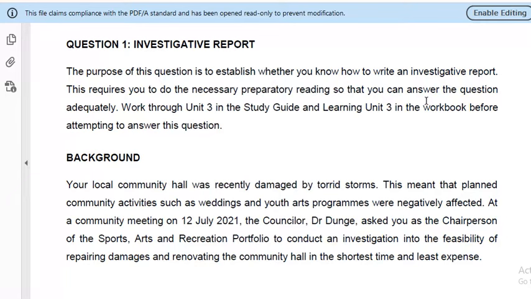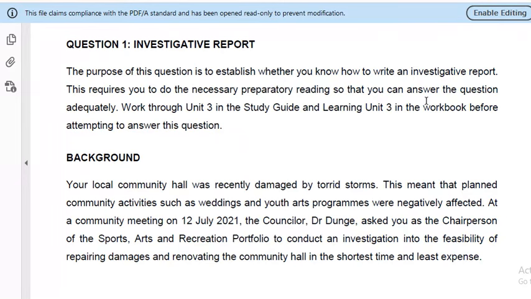Background. Your local community hall was recently damaged by torrential storms. This meant that planned community activities such as weddings and youth arts programs were negatively affected.